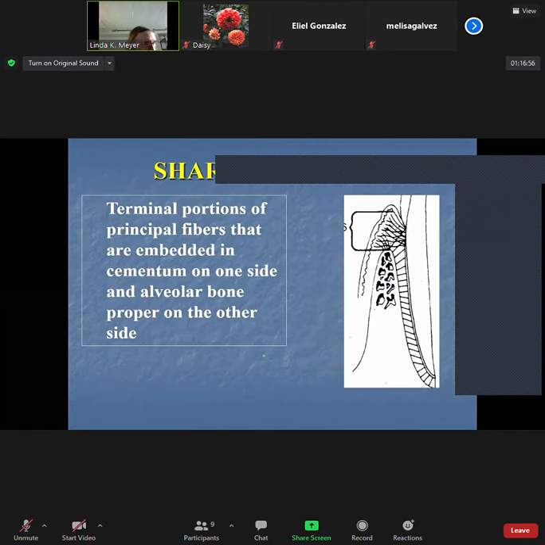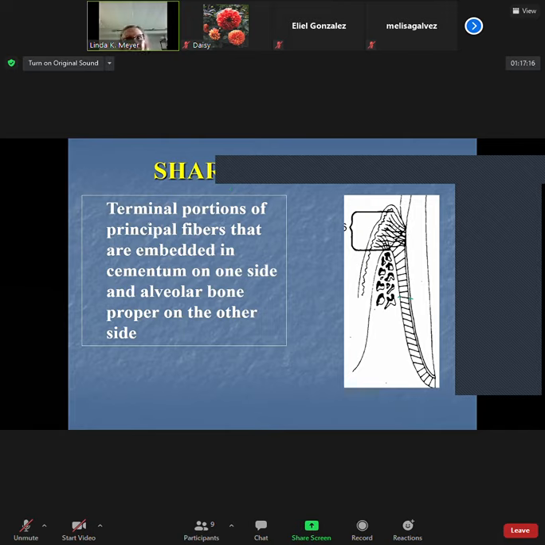Okay. The next point about these principal fibers is when we look at them, the little ends attach in the bone and they attach to the cementum. Not in the dentin, just the cementum there.